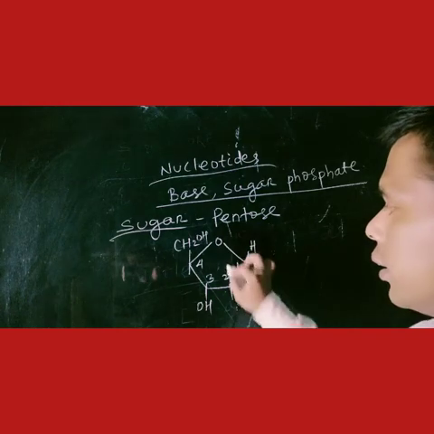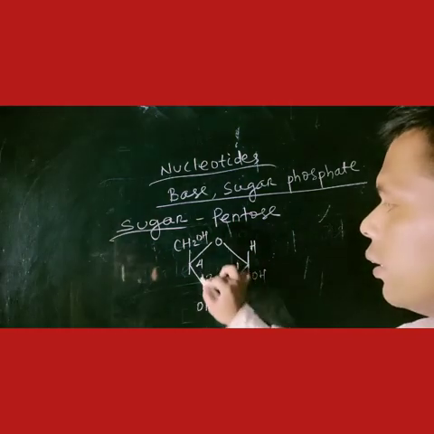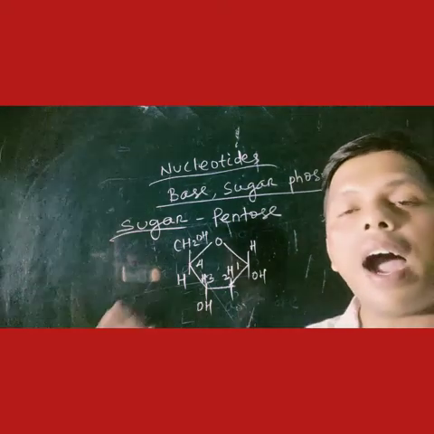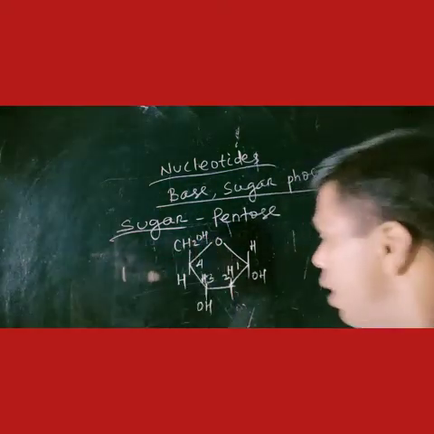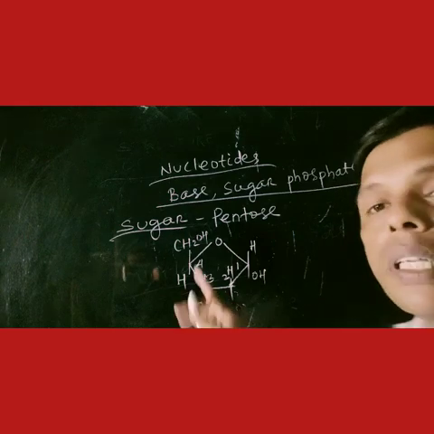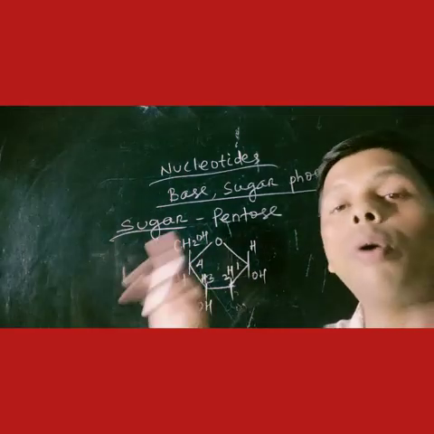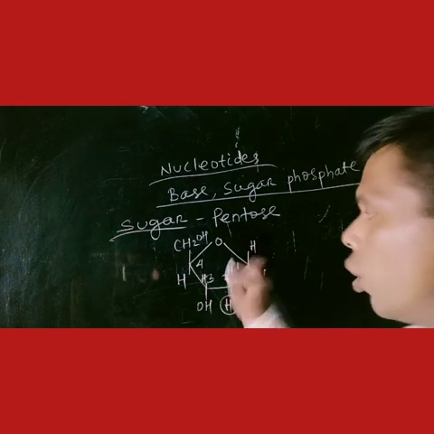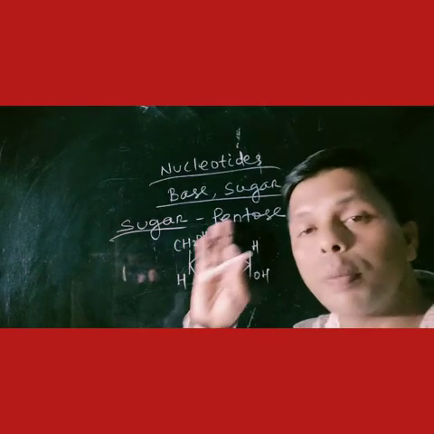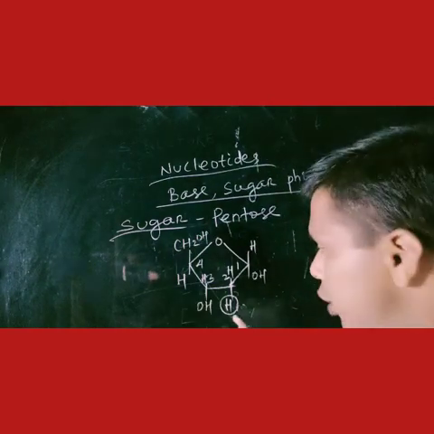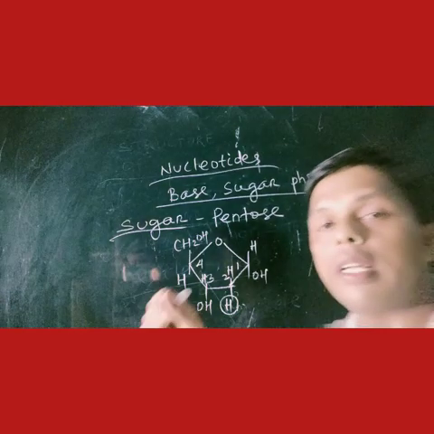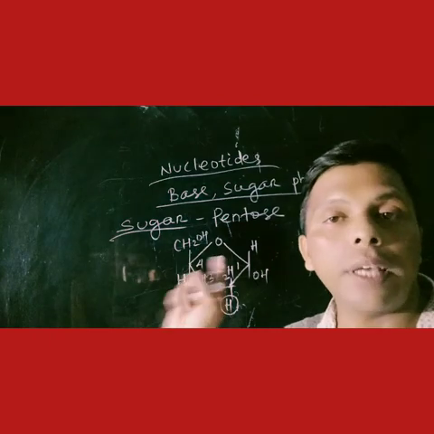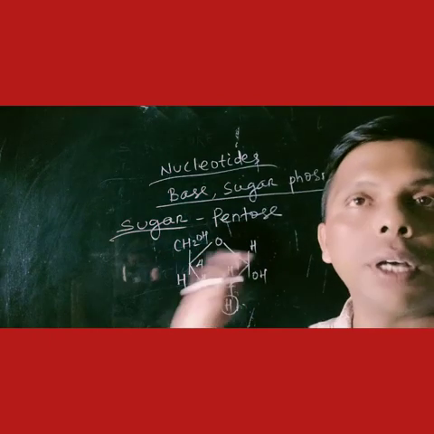At position 2, instead of an OH group, there is hydrogen, so it is called deoxyribose. In case of ribose, at the second position, instead of hydrogen, an OH group is present. This is the difference between the sugars.